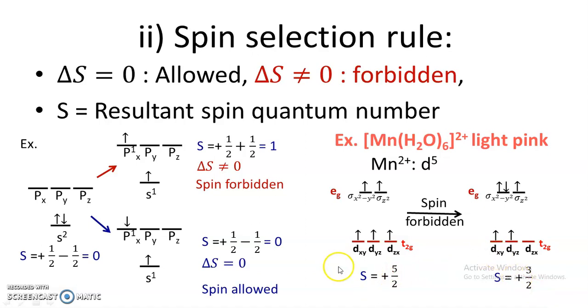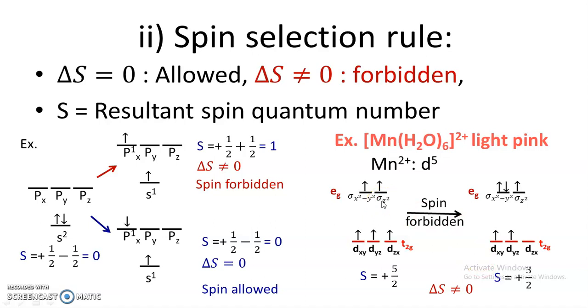So there is a change in the resultant spin quantum number, and therefore delta S is not equal to 0. This is a spin forbidden transition, and remember the light pink color of the hexaaquamanganese(II) ion is due to the spin forbidden transition. So this is the second selection rule.